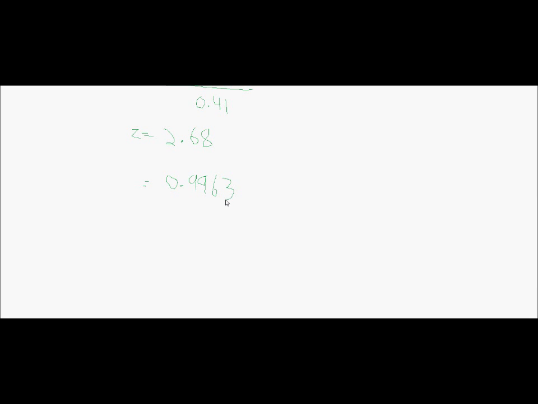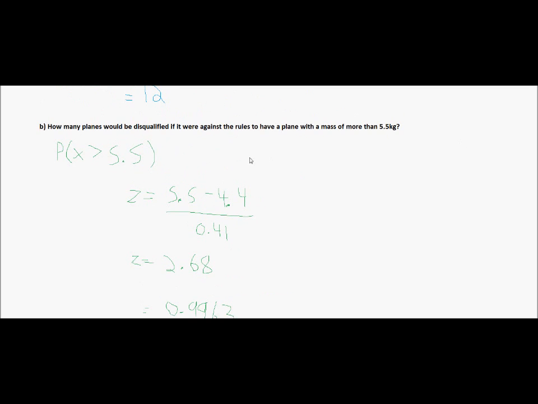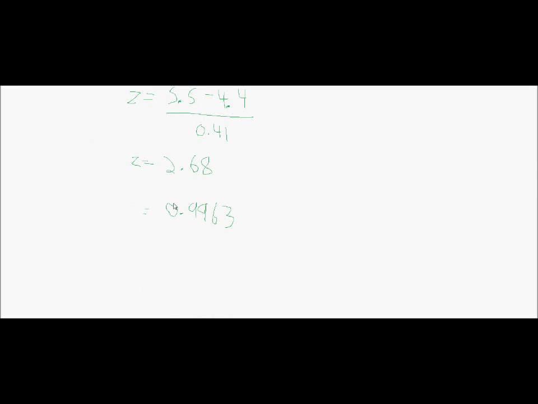Now if we go back up to the top, we see that we're looking for greater than, and since z-scores deal in less than, we want to find out the data that is greater than this number instead of less than this. So in order to do this, you subtract from 1 because the area underneath the normal curve equals 1.